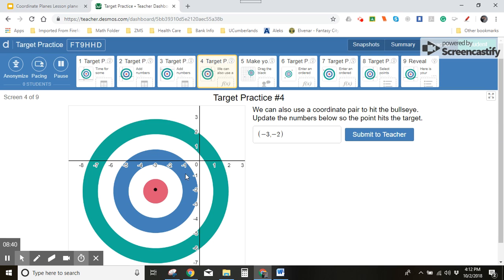We're trying to find what our quadrants and ordered pairs are. So again, type in positive and negative integers and move that point so that the black dot matches up with the bullseye.